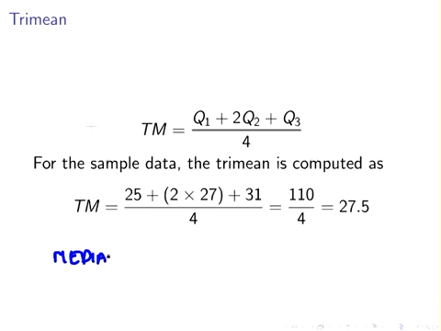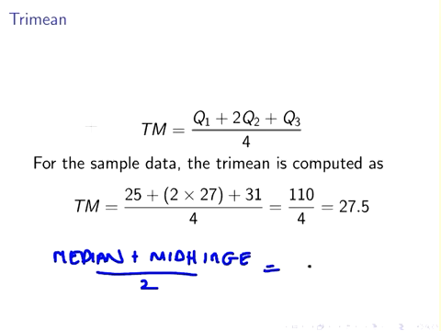So median plus mid-hinge, divide that by 2, we get 27 plus 28 all over 2. That's 55 over 2, and that gives us the answer up there, 27.5. So you can use either approach there. Anyway, that ends our presentation. Thank you.